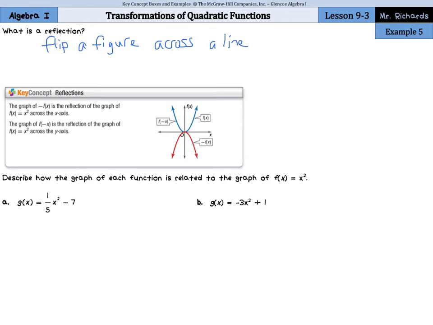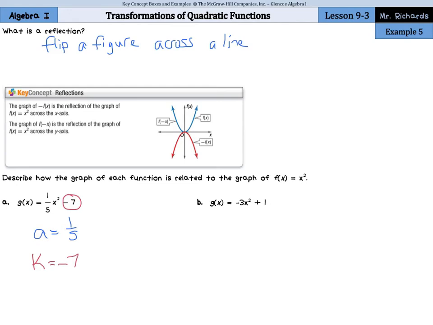Describe how the graph of each function is related to the graph of f of x equals x squared. Well, this is a positive 1/5, which actually is going to go back to our dilations. So a equals 1/5, and then we have this negative 7 here, which deals with our translations, so k equals negative 7.